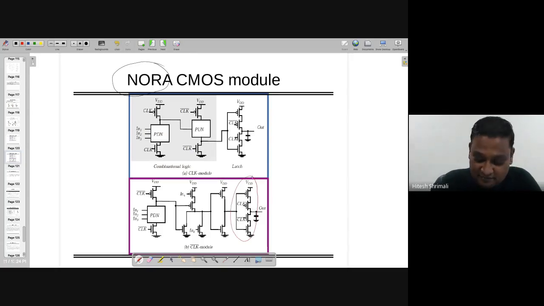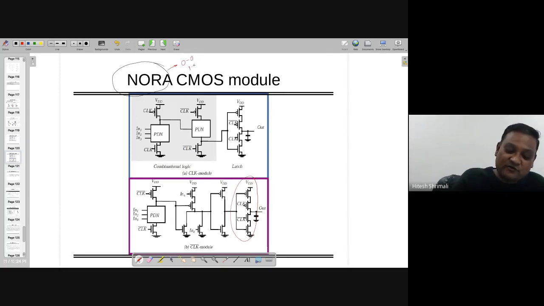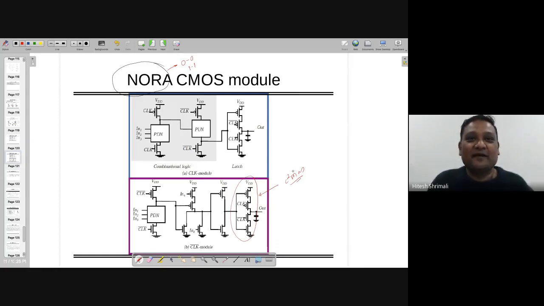Suppose there are no latches and we are implementing a logic function, then it's not NORA CMOS. NORA CMOS is the one which avoids the situation when the 0 0 or 1 1 overlap happens. For avoiding this, we are using the C-square MOS latch. This is the solution when it's a pipeline, right?